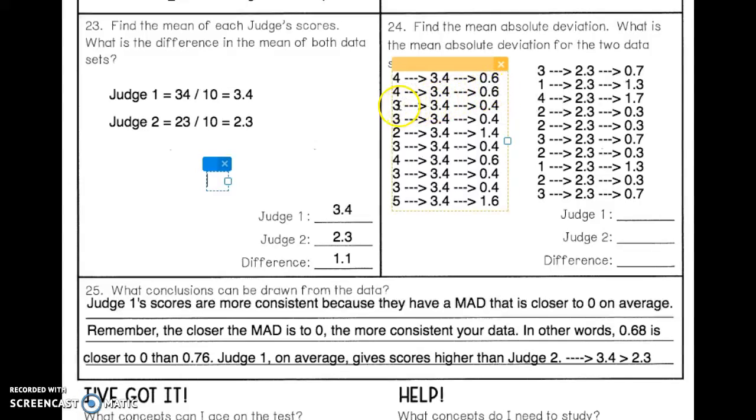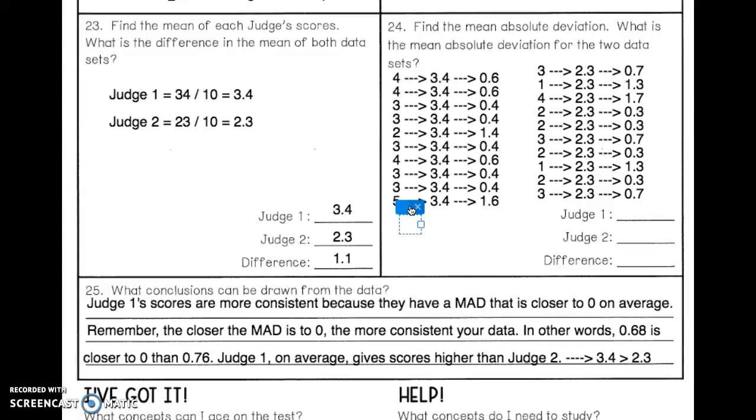This one, notice that the number in the far left column is less than this. You still take the bigger number and subtract it, so you would take 3.4 and subtract from 3, and you get 0.4, because remember, distance from the mean can only be a positive number. You can't have a negative number. So when you go down through there, you can check your work accordingly.